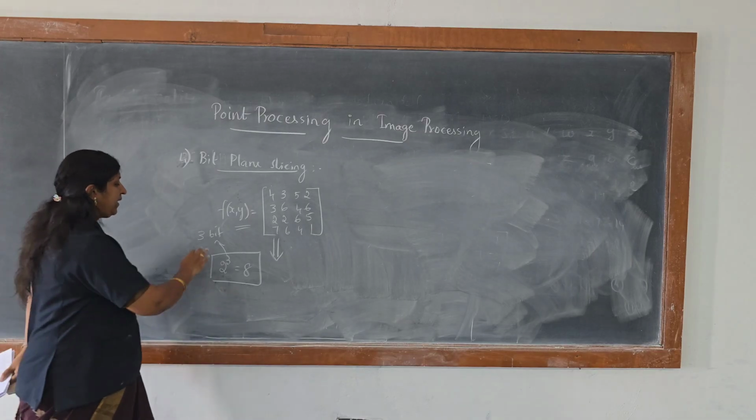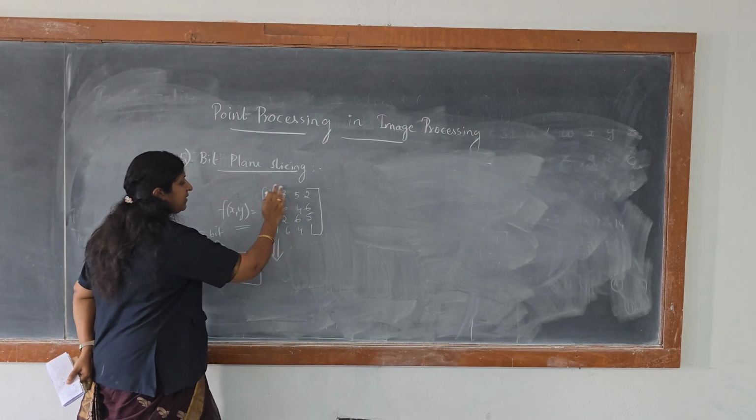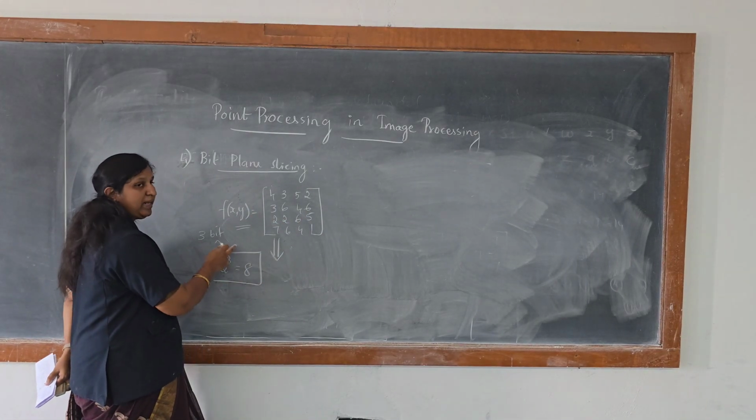Now we can convert the given intensity values into 3-bit binary values.